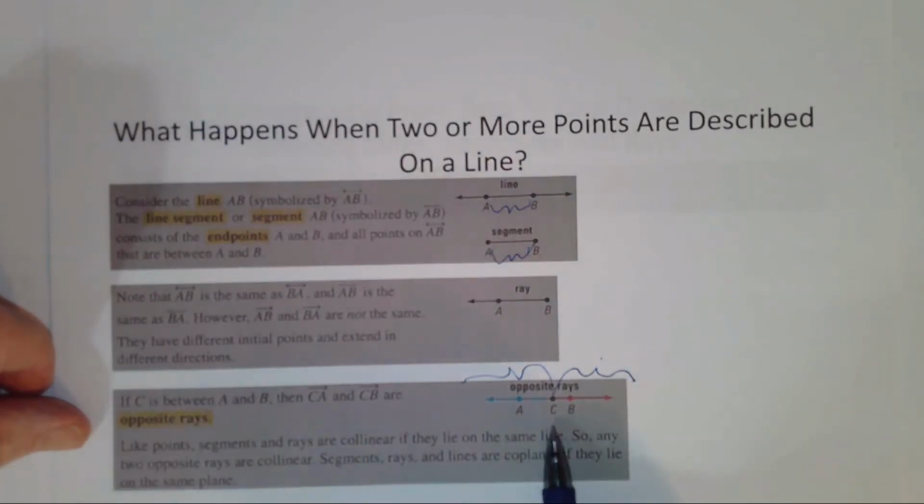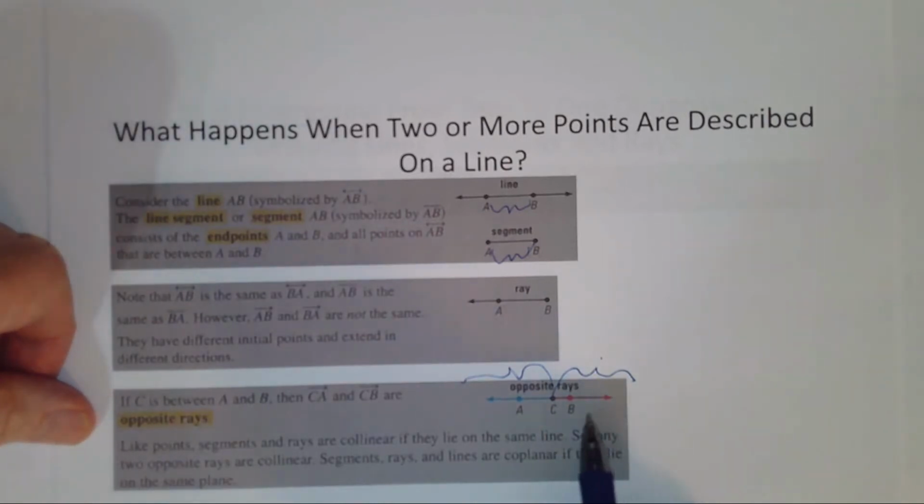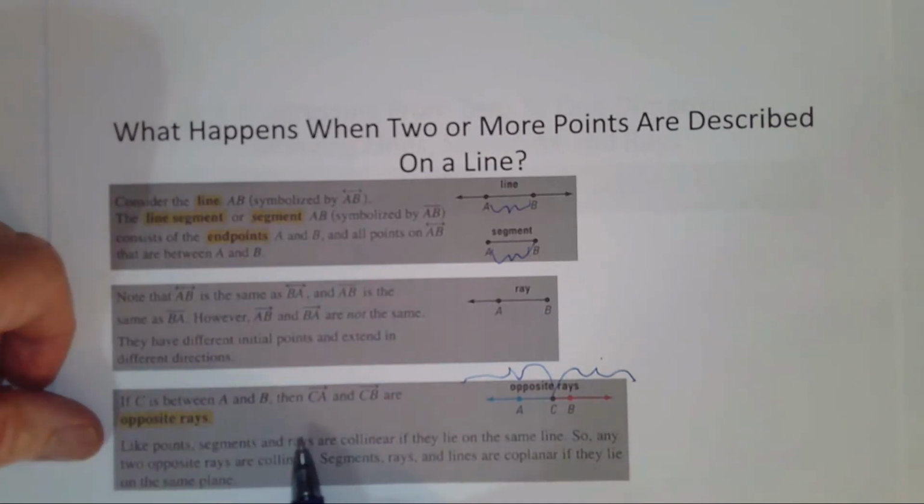And so C is the endpoint for both of those rays. And because it's the endpoint for both of those rays, it will be the first letter when you describe the left ray or the right ray. So CA, that's this left-sided ray. It starts with C.